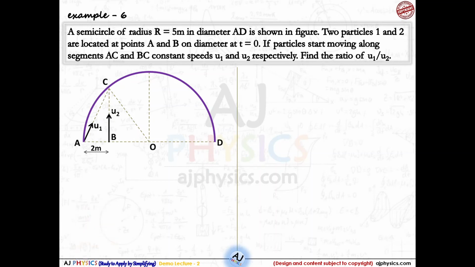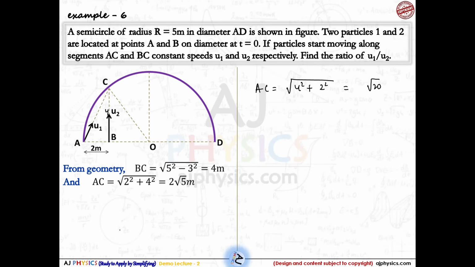And this AC, if this is 4 and this is 2, so AC has to be 4 square plus 2 square, so this will be 16 plus 4, under root 20. So these are the two distances which we will require.